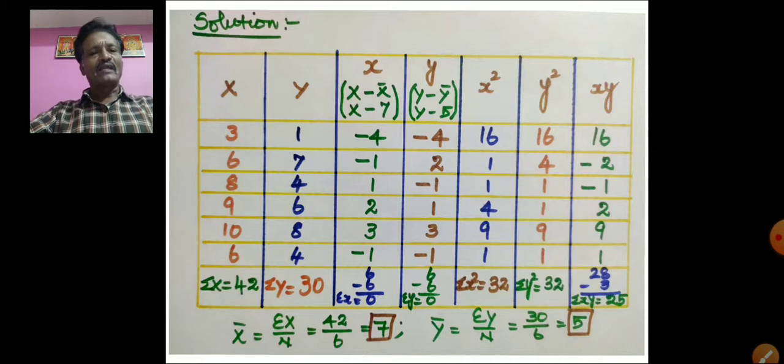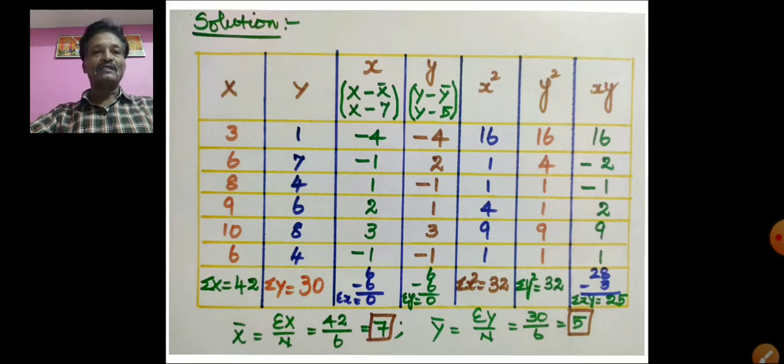So after calculating x bar and y bar, we have to calculate small x and small y. I already explained small x is nothing but capital X minus x bar. So first you take x value 3 and the x bar value 7.